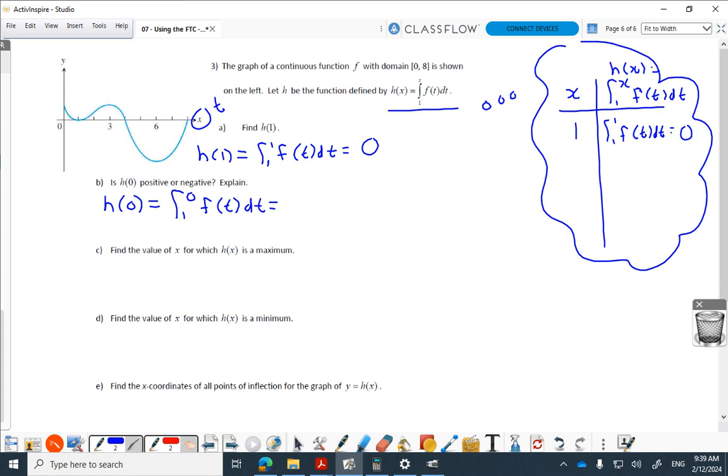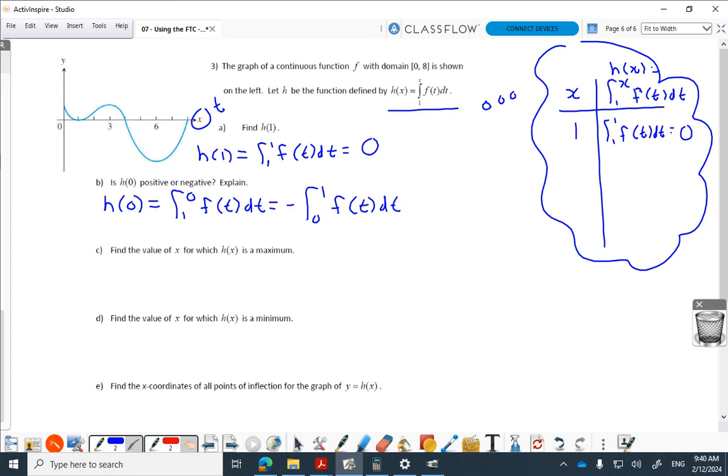Now that's a problem. Visualizing the integral from 1 to 0 is no mean feat. I would much have preferred if it was the integral from 0 to 1 of f at t dt, which I'm totally allowed to do, but who's with me? What do I got to do? Negative. And if you're wondering why it would be negative, I'll explain it in just a second.